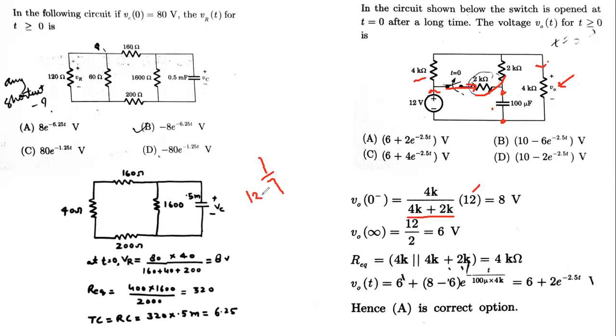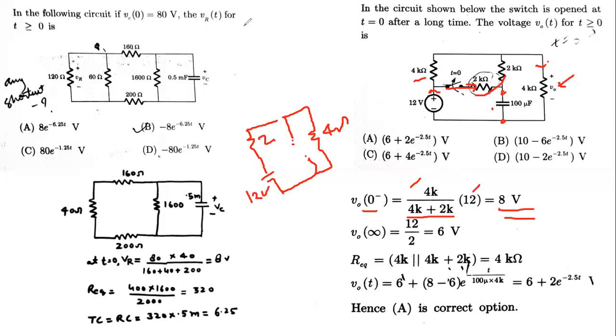The parallel resistance is 2 ohm, because 2 in series with 4 parallel with 4, so this is my 2 ohm equivalent resistance, and that is the point of my capacitor, and there is a resistance of 4 ohm. So the voltage across the capacitor before t equal to 0 minus is 12 divided by 4 plus 2 multiplied with 4. That is the value of the voltage at t equal to 0 minus, before the switching.